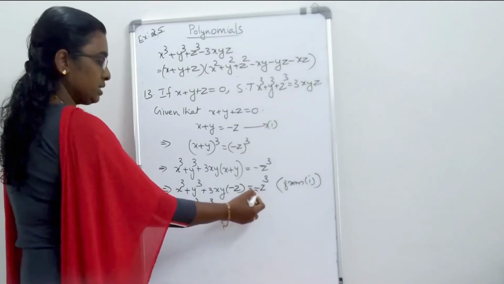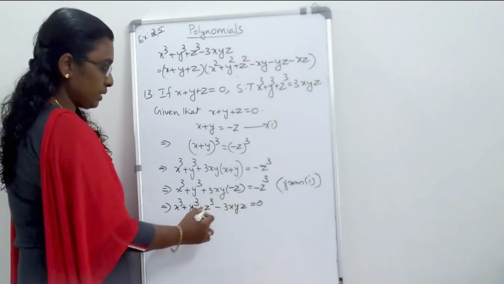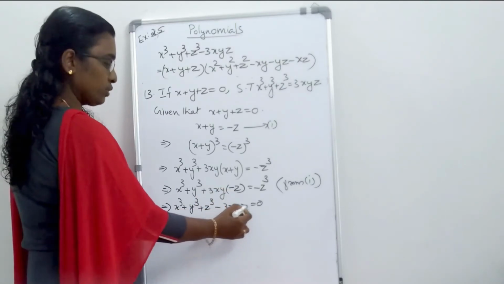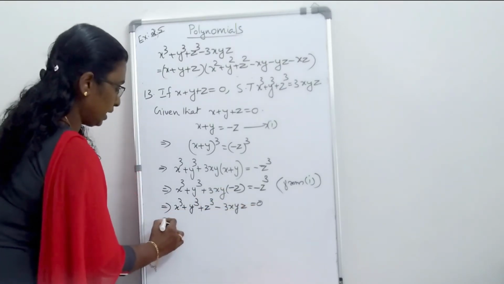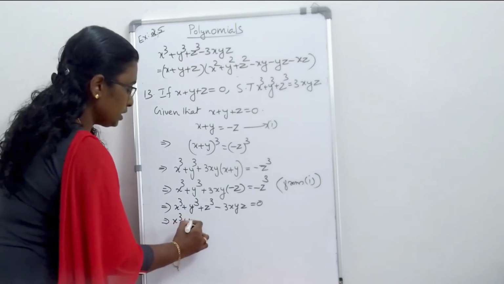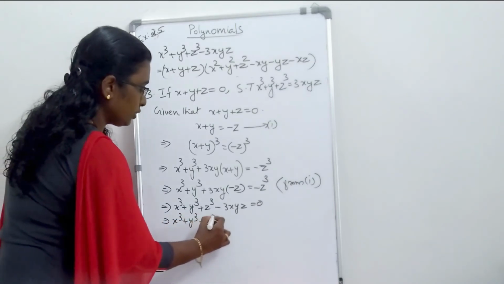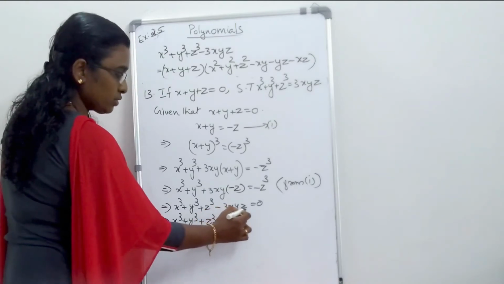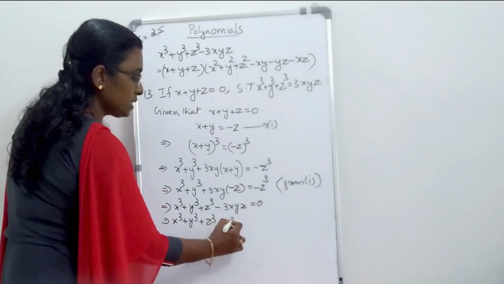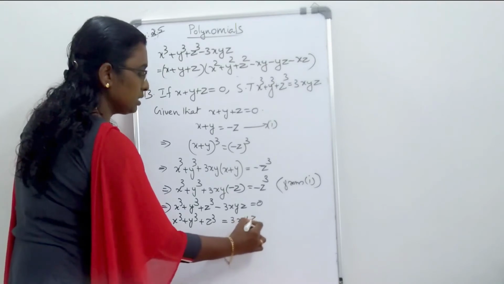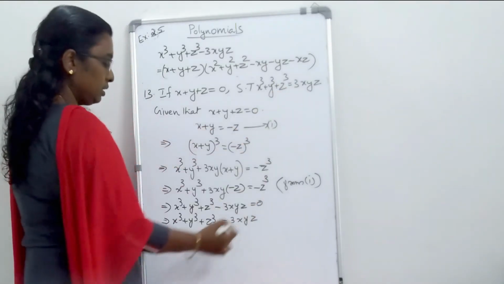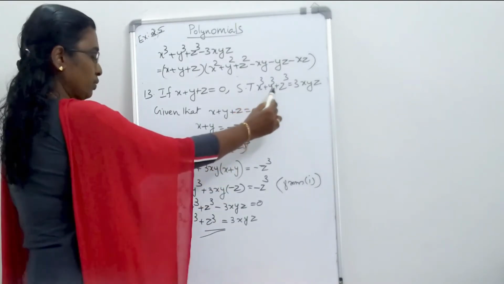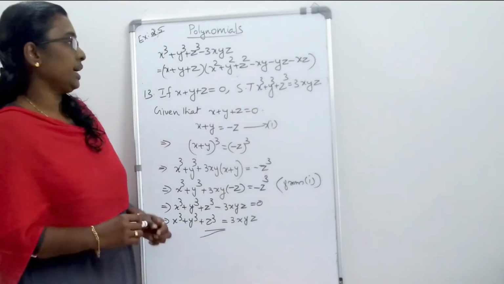This implies x cube plus y cube plus z cube equal to, we transfer minus 3xyz to RHS, becomes plus 3xyz, which is the required equation. So x cube plus y cube plus z cube equal to 3xyz.